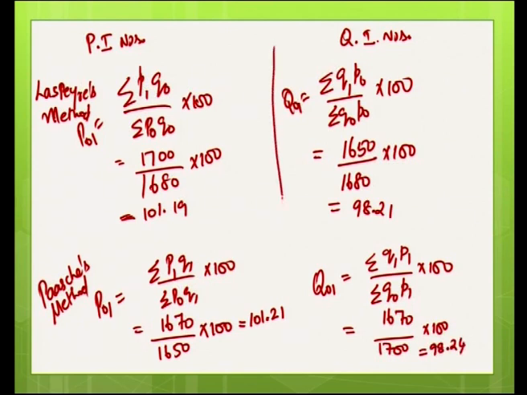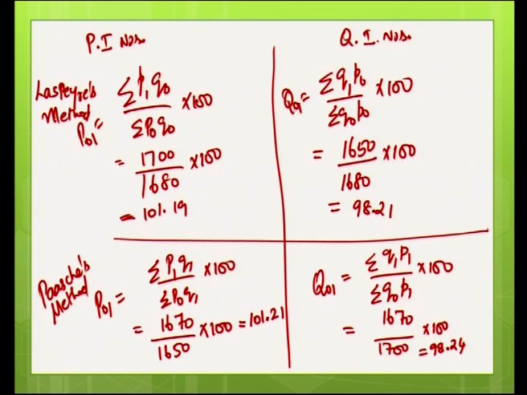You can just see the comparison. By Laspeyres method price index number is 101.19, whereas by Paasche method 101.21. The quantity index number by Laspeyres method is 98.21, whereas by Paasche method is 98.24. Almost the values are nearer, only the decimal places differ.